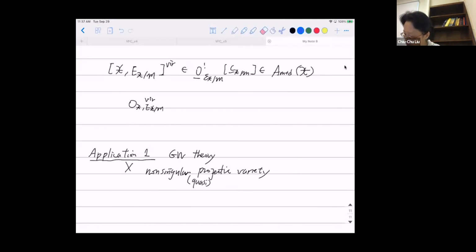Let me first assume it's projective. So now we consider, I think this is like in physics, a two-dimensional sigma model, which means we consider maps from curves to this target.